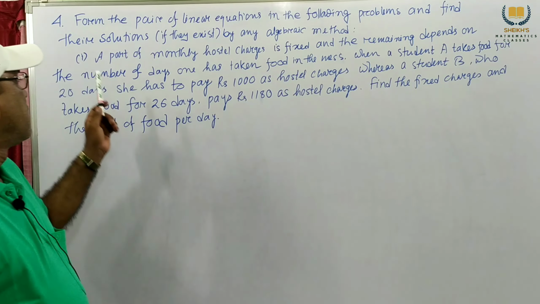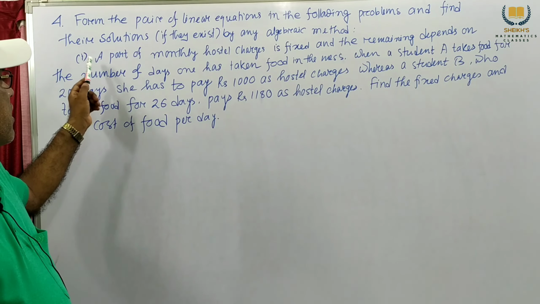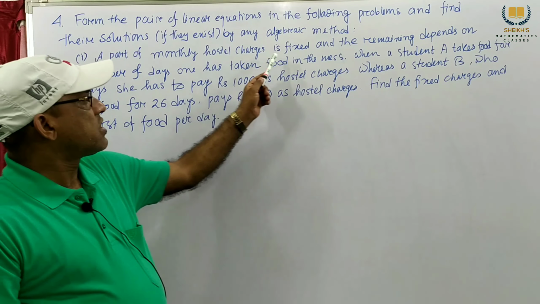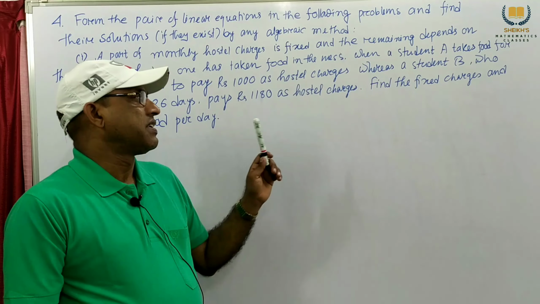Now number 1. A part of monthly hostel charges is fixed and the remaining depends on the number of days one has taken food in the mess.